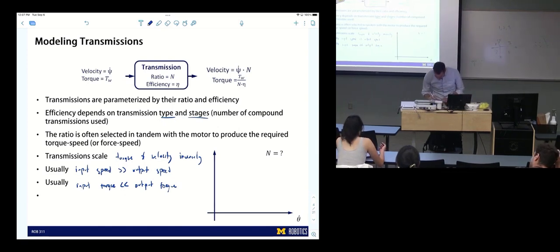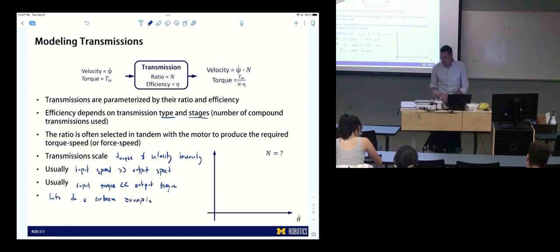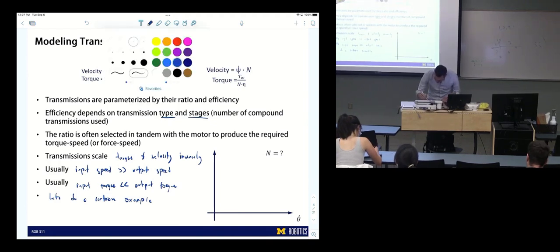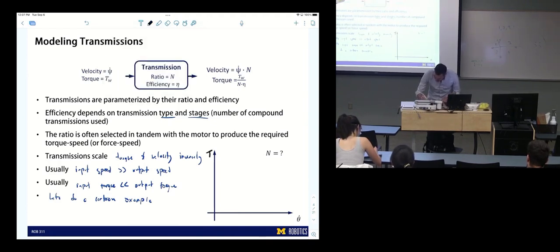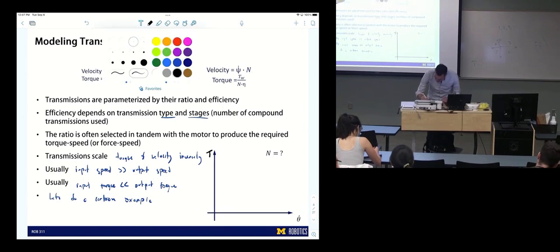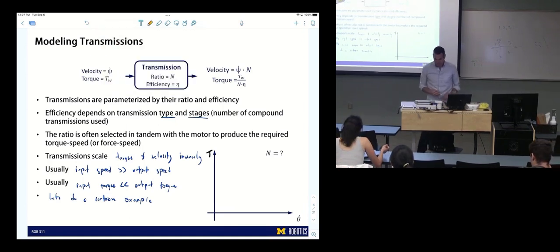Okay, let's do a cartoon example. Okay, so here we're going to look at, this should say torque. So here, I'm going to plot in a sort of shaded region a potential task.